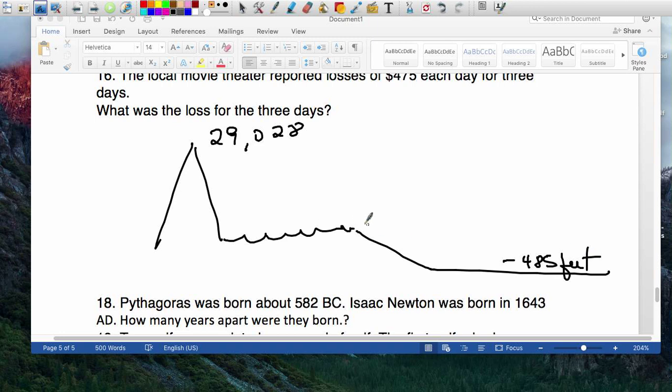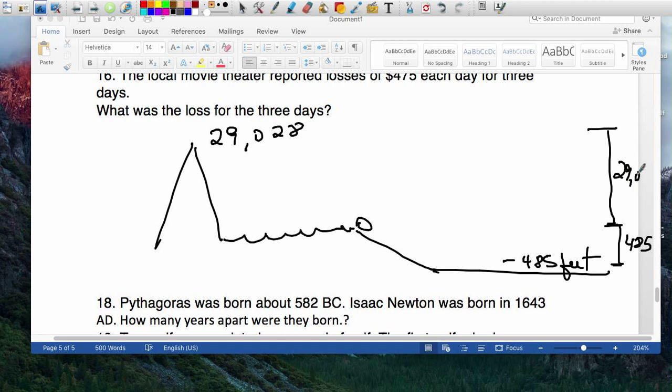So this is 0, so imagine this is 0. And we're trying to find the difference in elevation between these 2 points. So just think about, because it's distance, right? From the bottom of the Dead Sea to 0 is 485 feet, right? From 0, from the ground all the way to the top of Mount Everest, is 29,028.